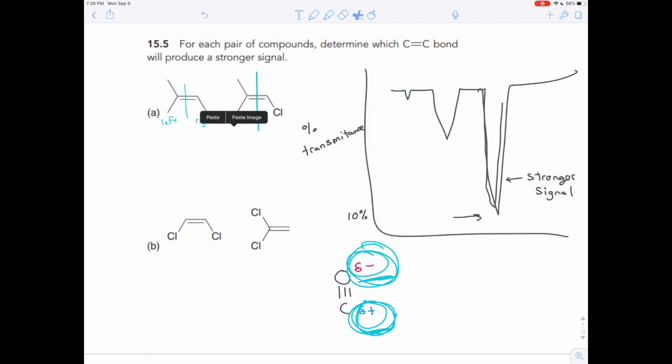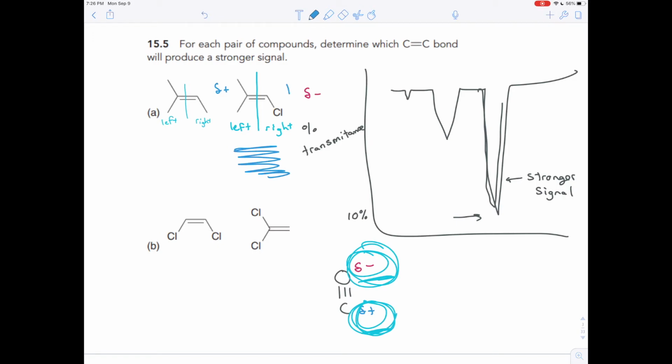So here we have the left and the right. On the left, we don't really have any very electronegative atoms. On the right, we have a chlorine, though. And so in general, this molecule will have a slightly negative charge on the left side and a slightly positive charge on the right side. And that means that this molecule on the right will interact with waves of electricity, with light, more strongly.